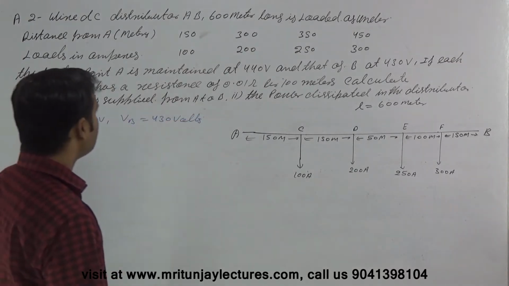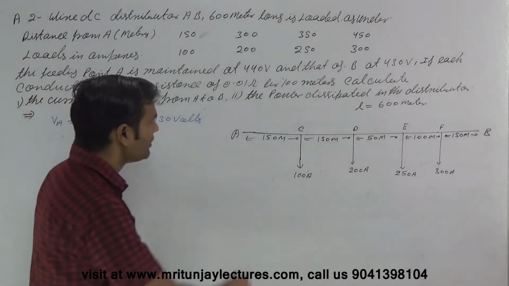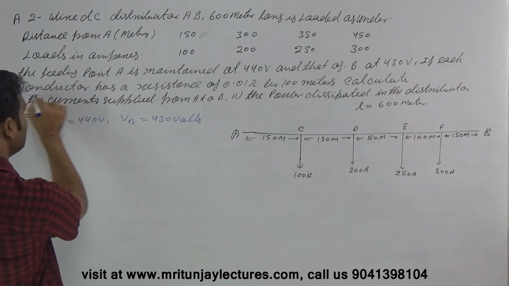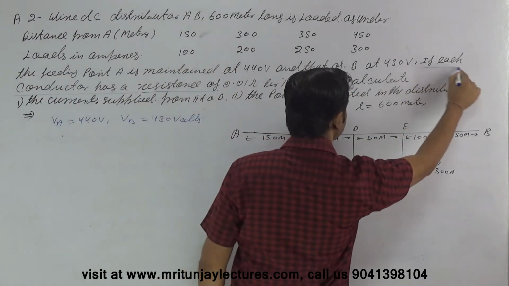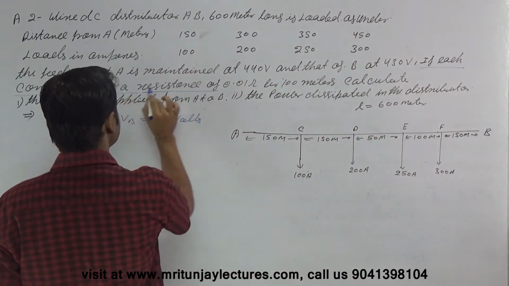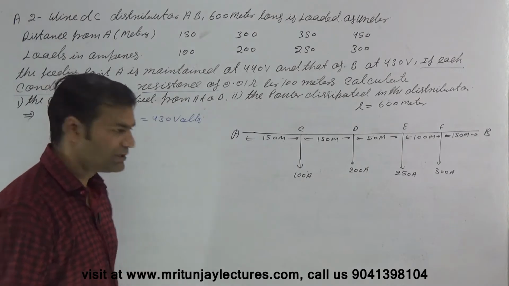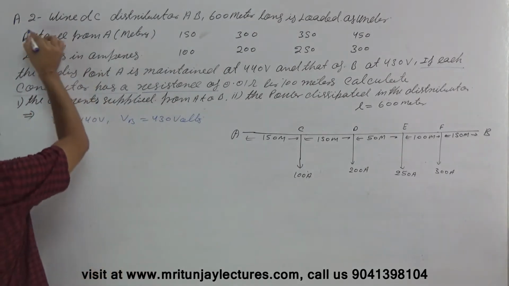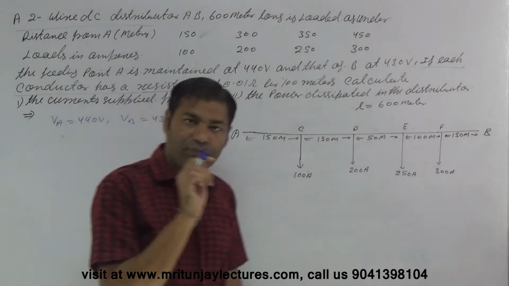Each conductor has a resistance of 0.01 ohm per 100 meter. This question corresponds to a two-wire DC system, and the value is given for one conductor.